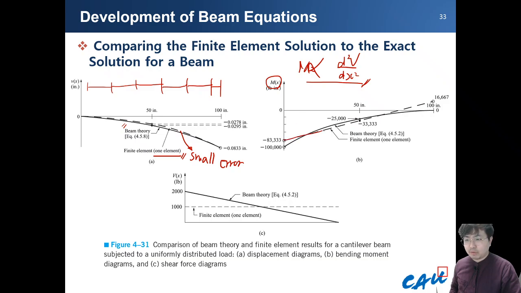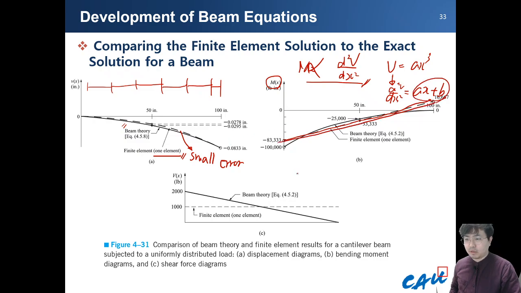So this is the FEM result. The exact beam theory has a higher order moment variable field, but because we use a very simple, low order displacement field, we obtain a very linear equation. It is because V is a third order equation, so due to the twice derivative it becomes a single linear relationship.